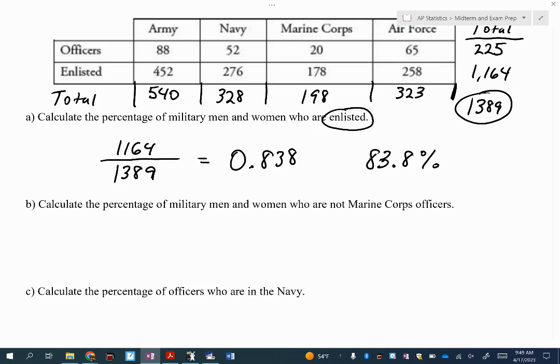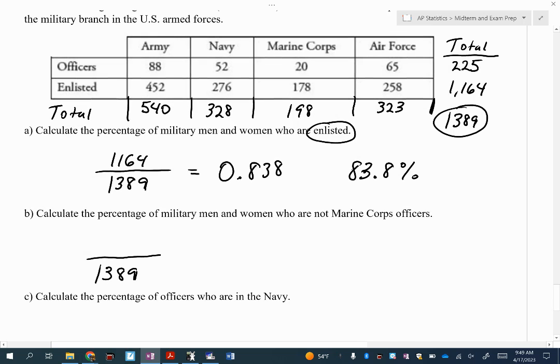Let's do letter B. Calculate the percentage of military men and women who are not Marine Corps officers. First thing is, what's the denominator? The same thing, 1389, right? The grand total. Now, there's kind of two ways to do this, because I do see that word not.